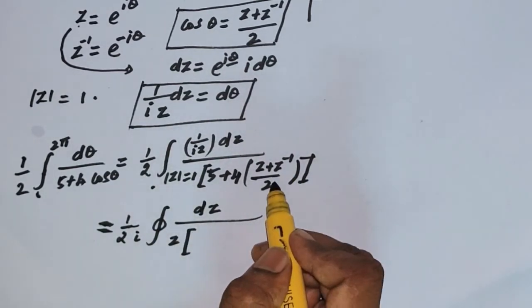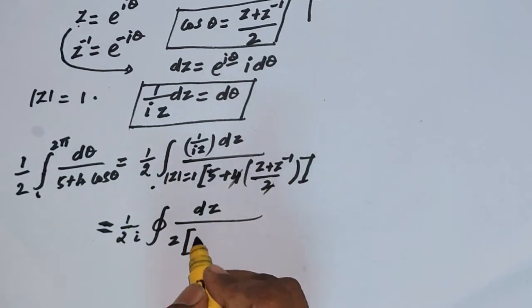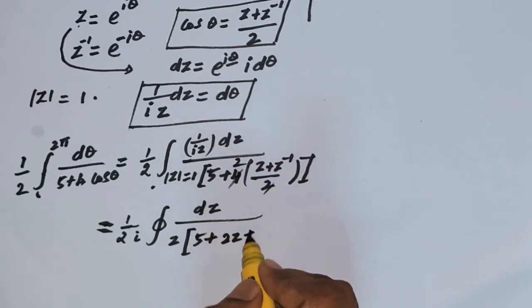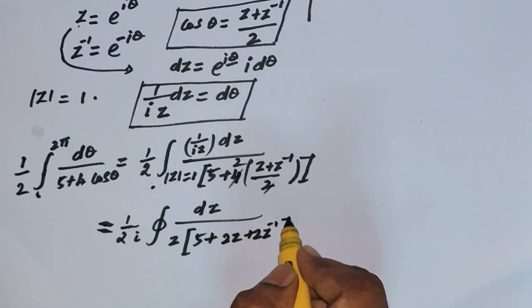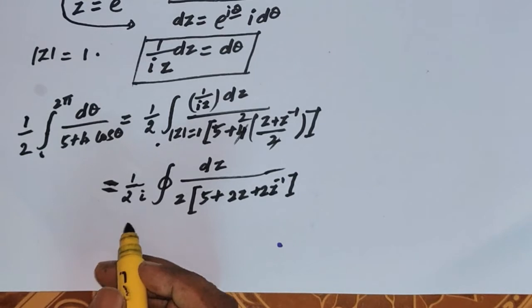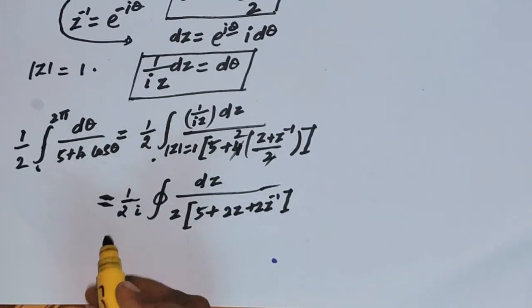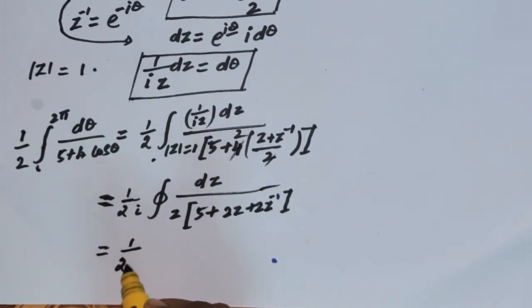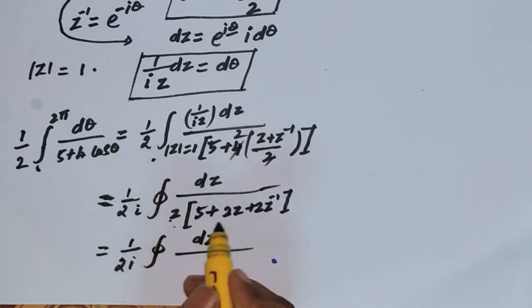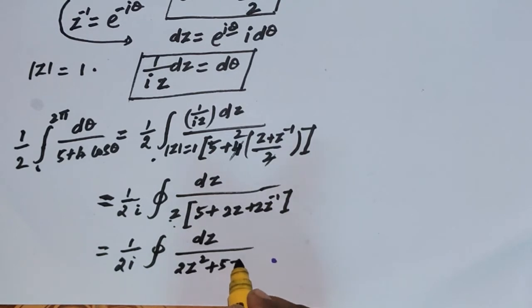Inside, 2 times 5 is 10, and 4 times z plus z inverse over 2 gives 2z plus 2z inverse. Now you can still simplify this one. You can write 1 by 2i integral of dz over 2z square plus 5z, first writing 2z square plus 5z.